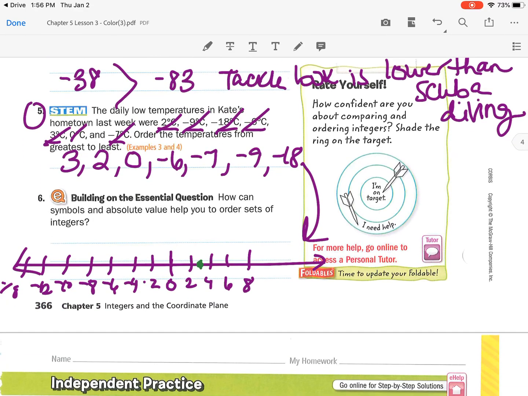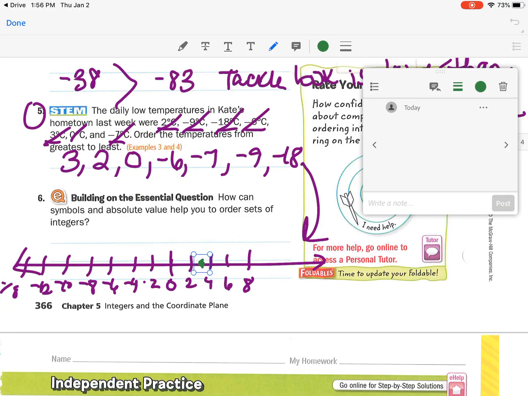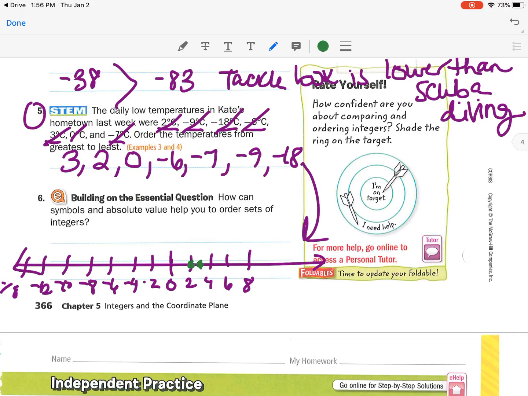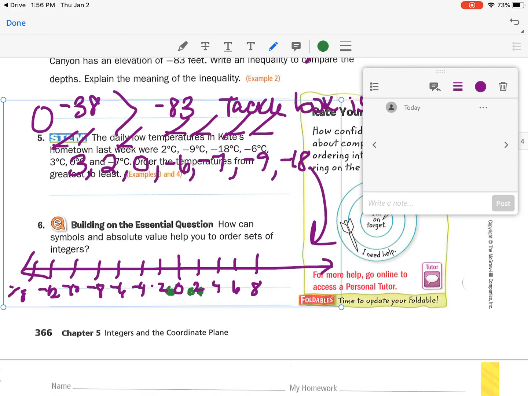Sometimes this thing just, you guys know, it goes a little crazy. Okay. Here we go. Keep on trying. 2. Why is it doing that? All right. 2. Okay. And then what did I say? 0. And then -6.